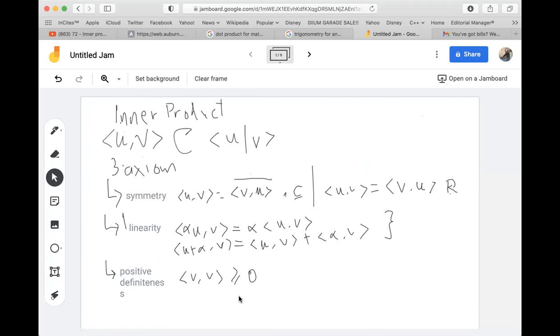You can't say the length of a box is equal to negative 10. Impossible. The symbol for the length must be greater or equal to 0. It must be a positive value or 0. The norm or the length will be 0 if the vector V just now is 0.